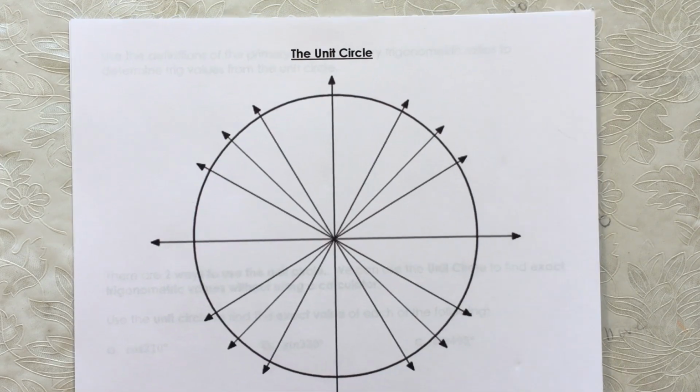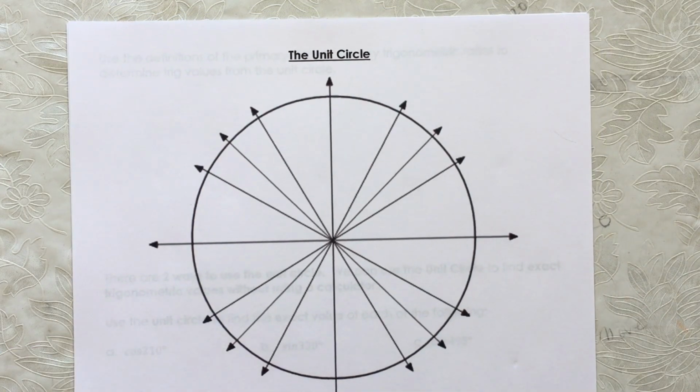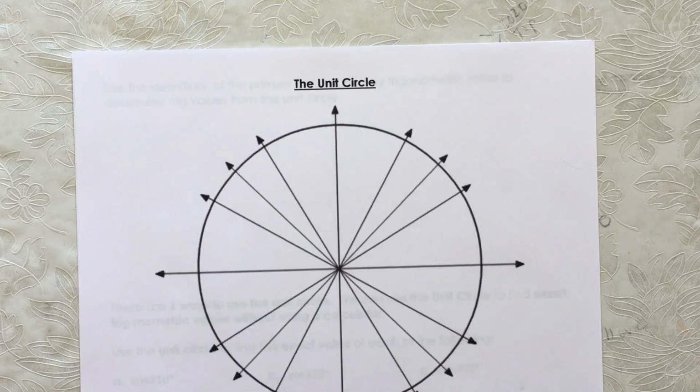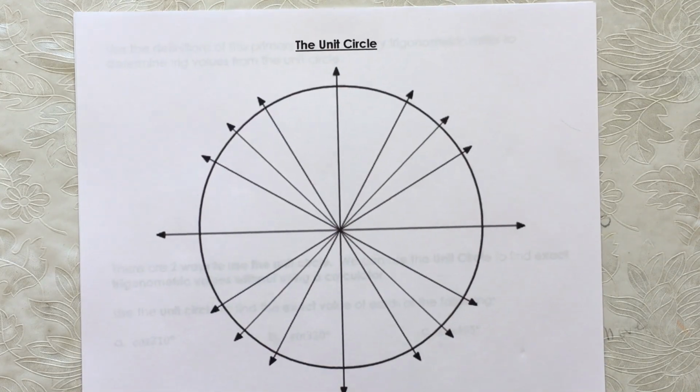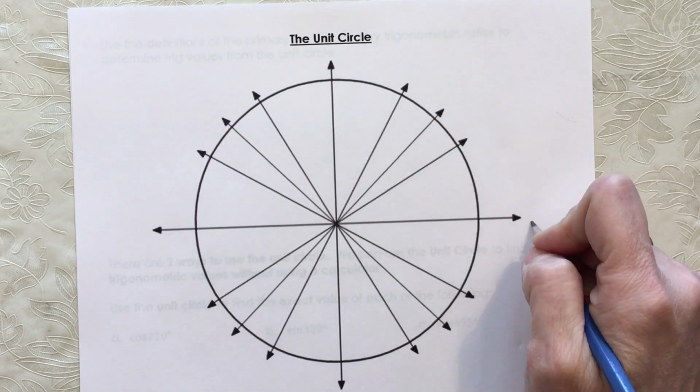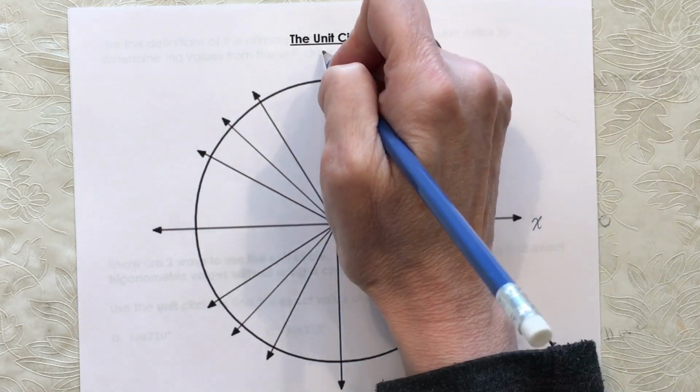So here's the unit circle that we have. Since I just showed you the 60-degree, I think we're going to start with, actually no, we're going to start with labeling the x and y axis here. So here's our x-axis and our y-axis.